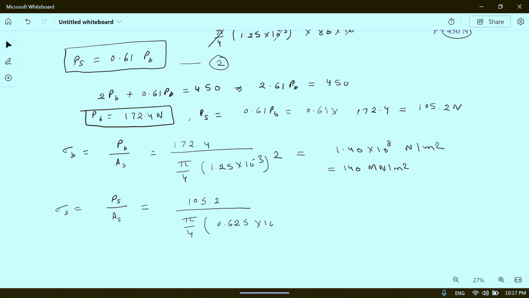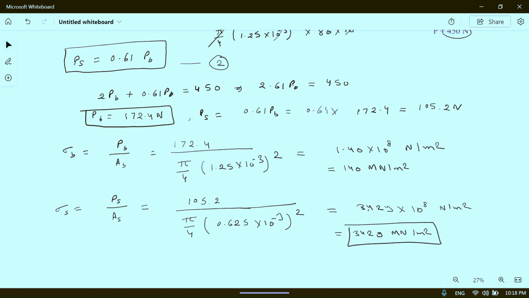If you convert into meter, then it will be 10 to the power minus 3, squared. So it will be 3.429 into 10 to the power 8 Newton per meter square, or 342.9 mega Newton per meter square. So this is the value of stress on the steel wire.